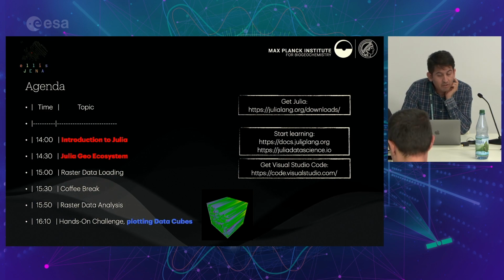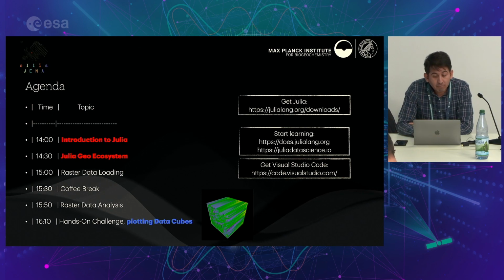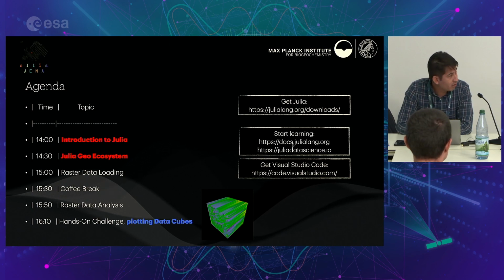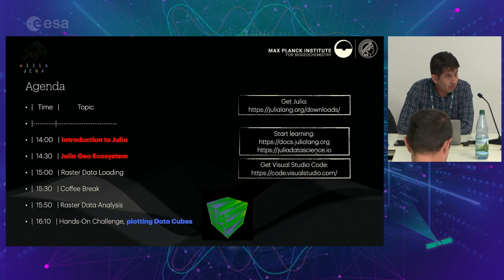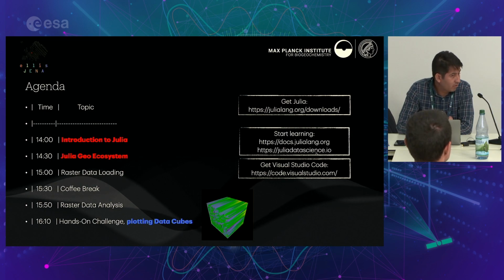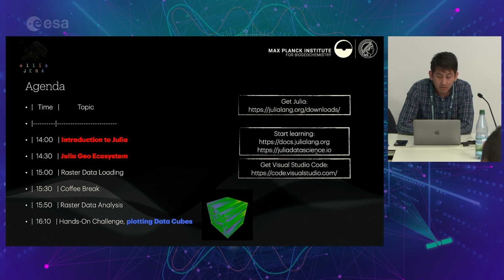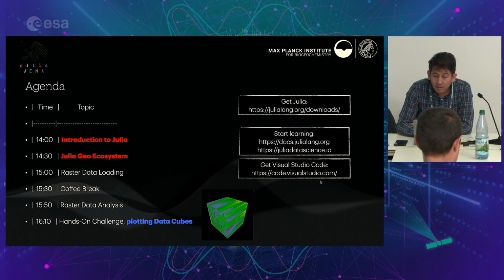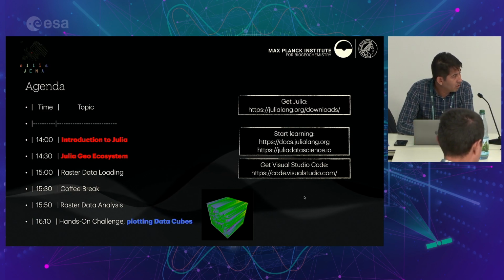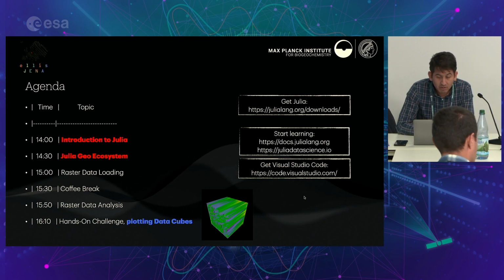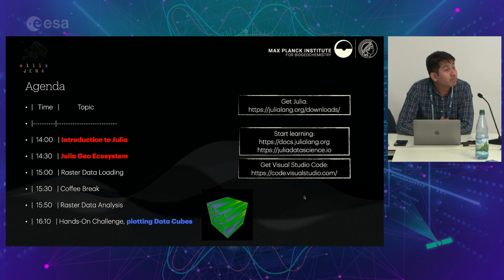Here are some resources to start learning Julia. The first one is the official documentation, and the second one is an open source book that you can just download or browse interactively online. And the tool for coding that we normally use is Visual Studio Code.